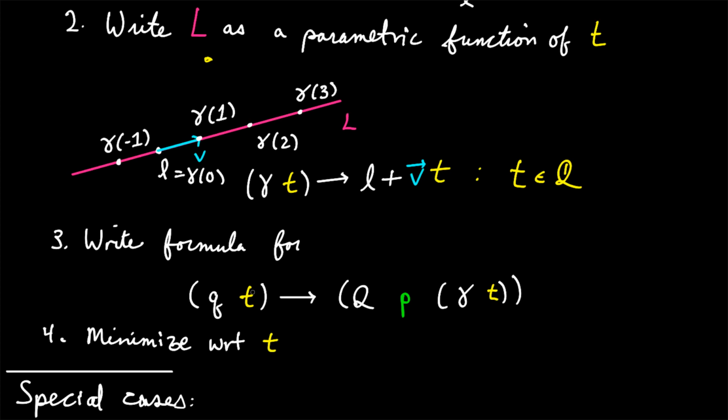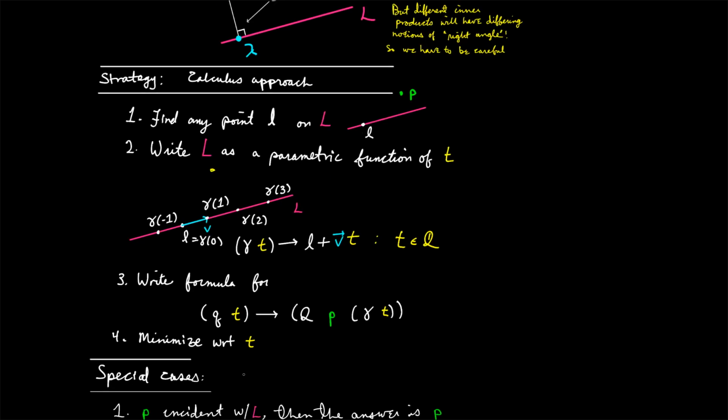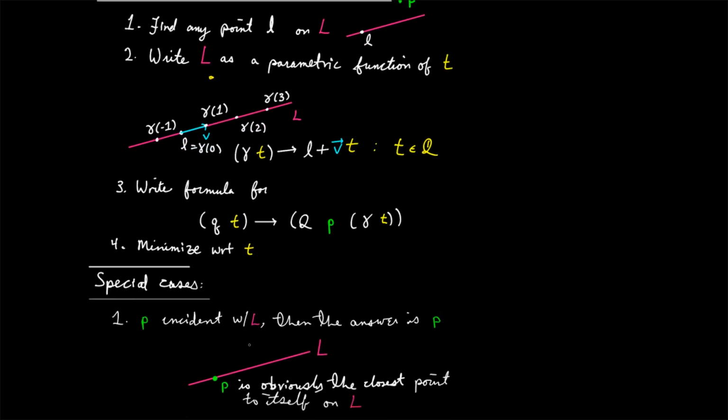This function little q of t gives the quadrance, which is distance squared, remember that. So you can realize that if you minimize distance, you're also going to minimize distance squared. So that's the way I'm thinking about this. And then minimize with respect to t. Alright. So we're just going to use calculus.